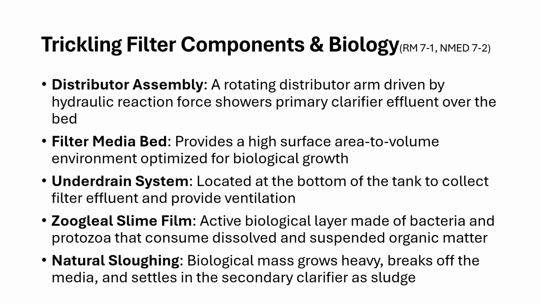We're feeding the film, we're letting it grow on the rock or the filter media, and it's going to multiply because that's what the microbes do. As they get more food, more oxygen, they'll start multiplying, and they'll start breaking apart. There's more of a biomass, and as that slime layer becomes thicker and heavier, the natural sloughing is just it breaking away and settling out. So it's kind of self-regulating. It's pretty cool when you think about it.